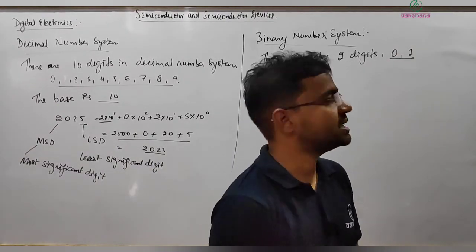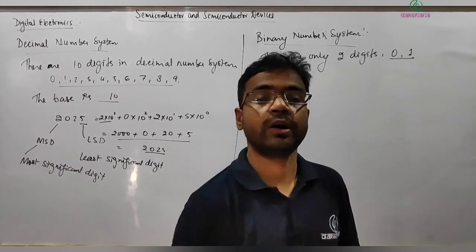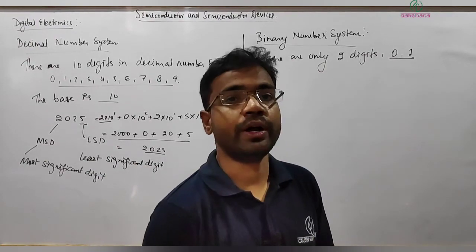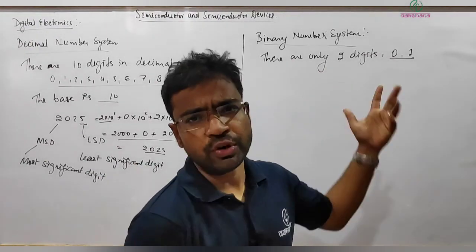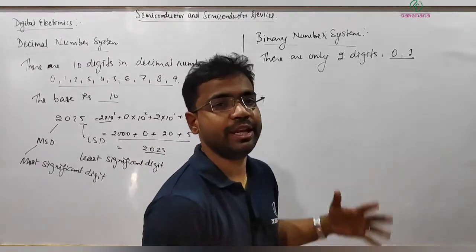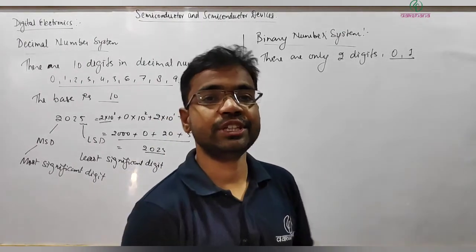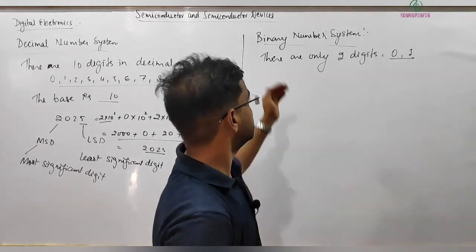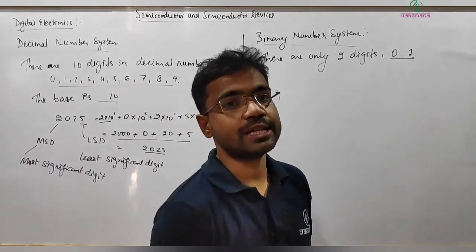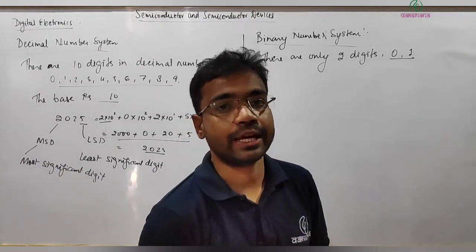For logical operations 0 and 1 are also referred to as low and high, true and false, something like that. There are many meanings in logical operations that we will use in logic gates also. Binary number systems are used in logical circuits and logical devices.